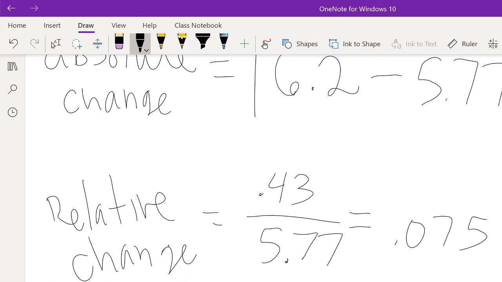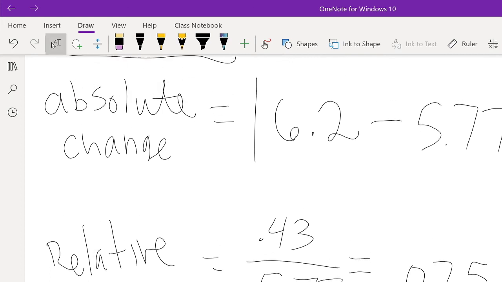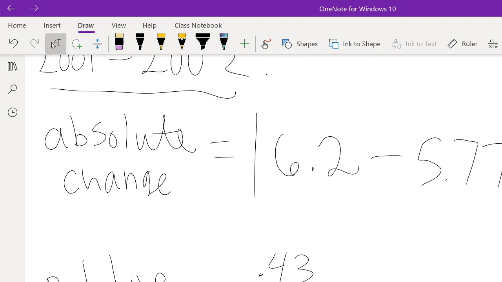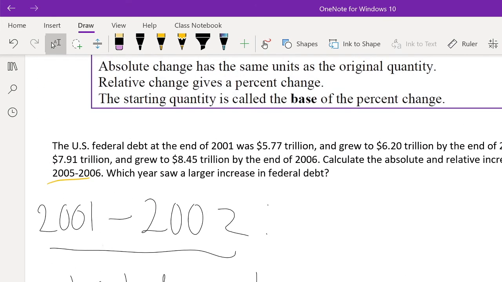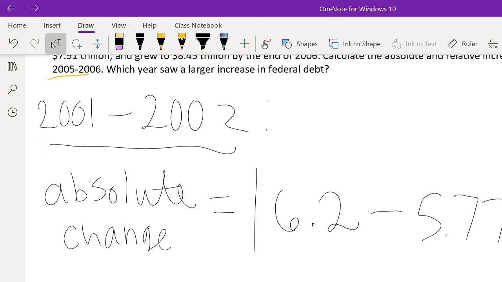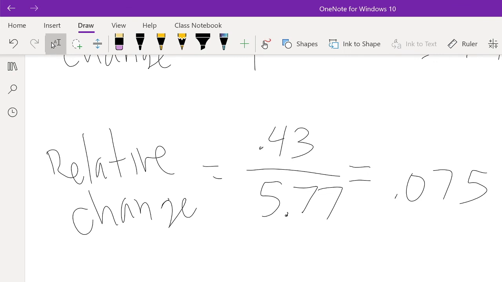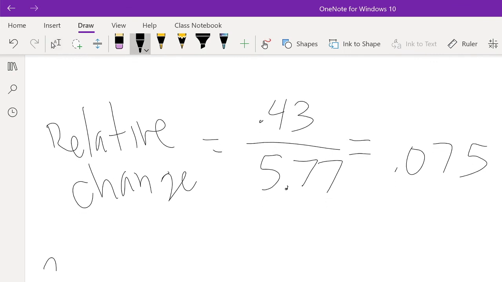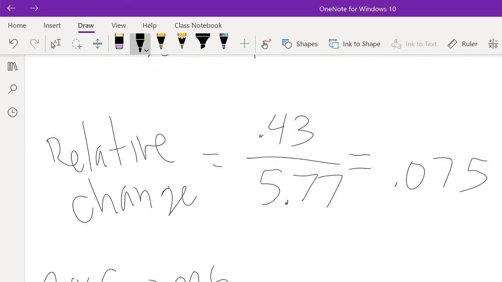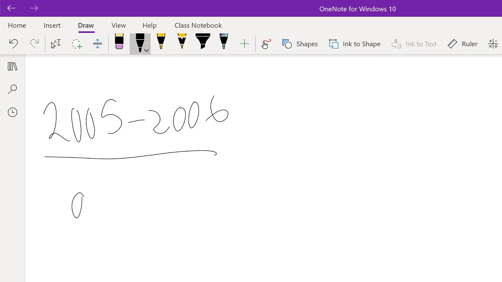All right, and again, this is helpful in comparison because now it's in relative values, right? Percentage-wise. All right, so let's take a look at the next 2 years, from 2005 to 2006. All right, and let's start with the absolute change.